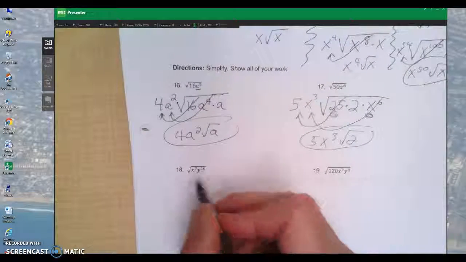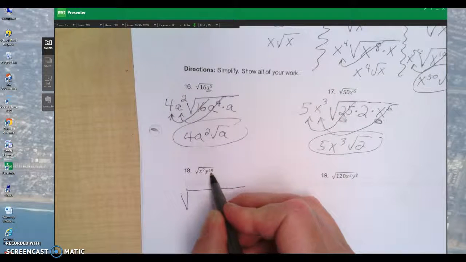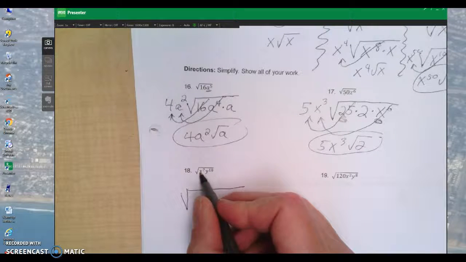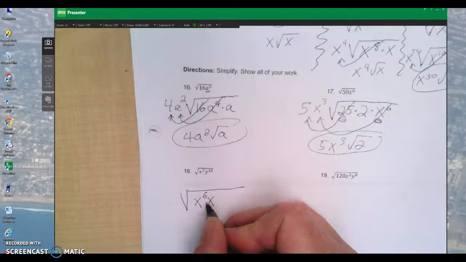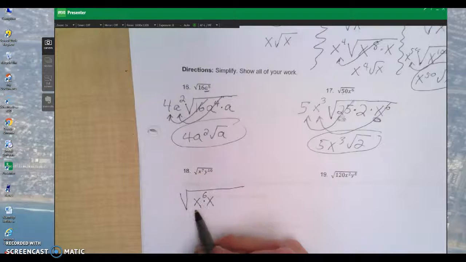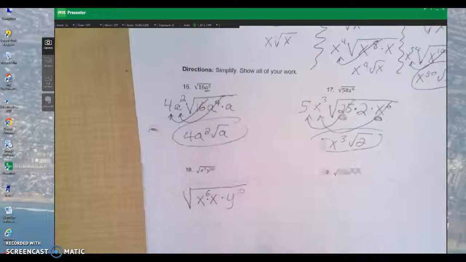Last two, with 5 minutes to spare. Not a perfect square, do something about it. 7 x's in a row, I can really say that there's 6 and 1 more being multiplied. That's the same thing as x to the 7th. If I expanded this out, it would be x, 6 times plus 1 more, it would be x to the 7th. And y to the 10th is a perfect square. He's good.